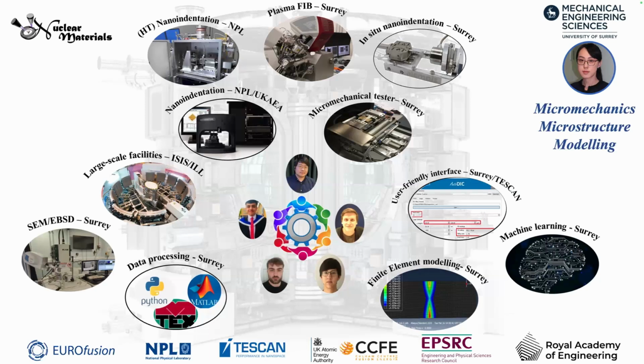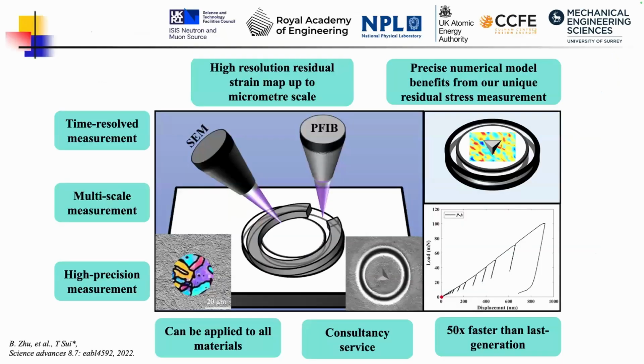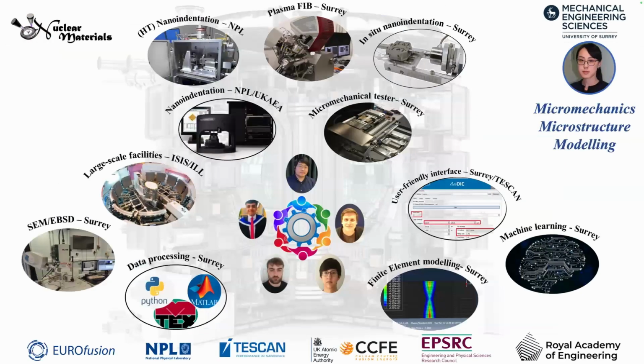Those large-scale facilities give understanding of the bulk materials with moderate resolution. But we also want to understand the residual stress and the microstructure at much finer levels, and that requires characterization using surface analysis, such as scanning electron microscopy and electron backscatter diffraction techniques.